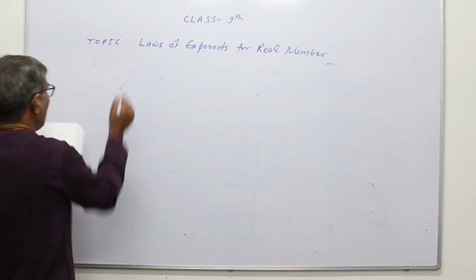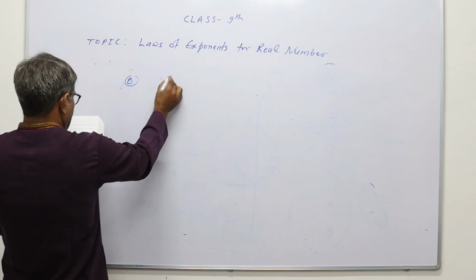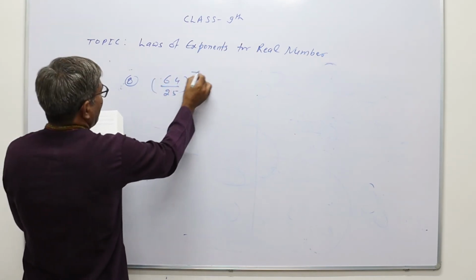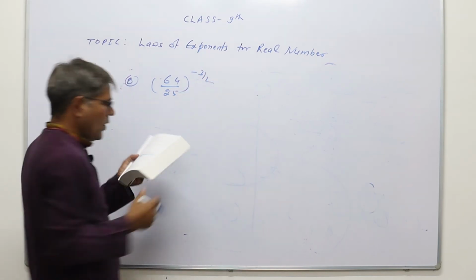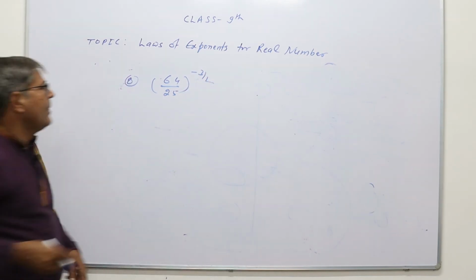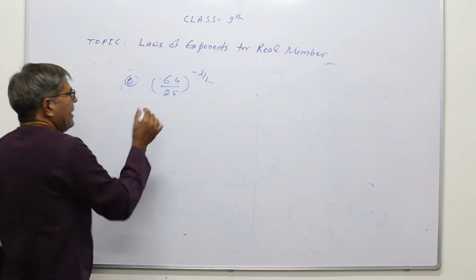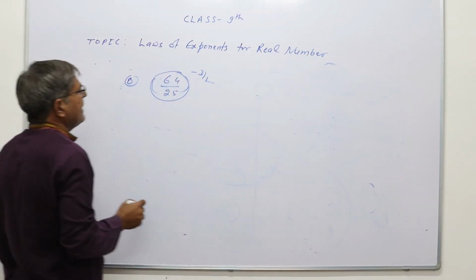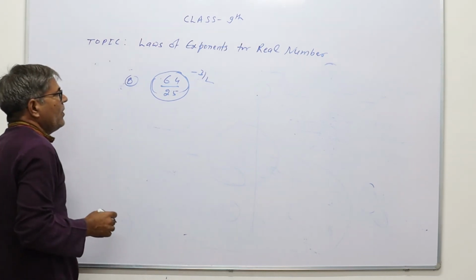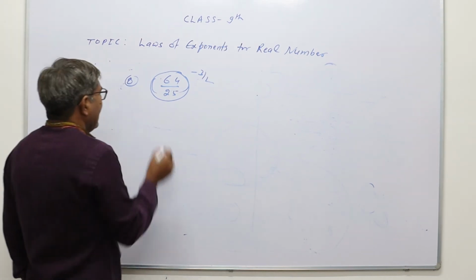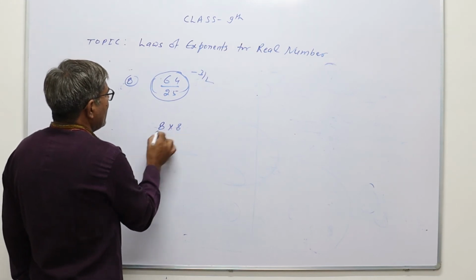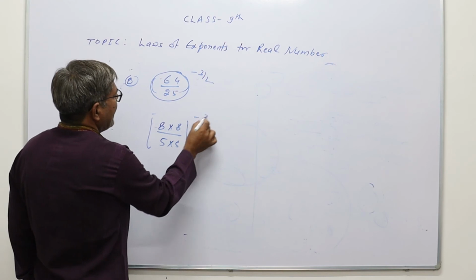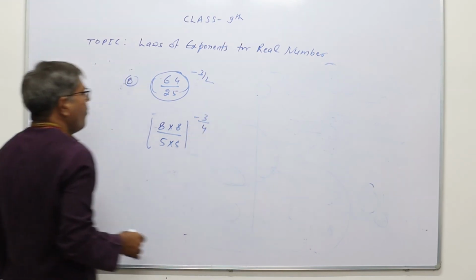Find the value of 64 whole upon 25 whole raised to the power minus 3 upon 2. See, here the base is 64 upon 25. So we can write this 64 upon 25 as 8 into 8 whole upon 5 into 5 whole power minus 3 upon 4.